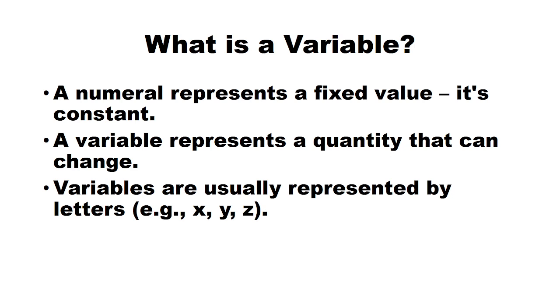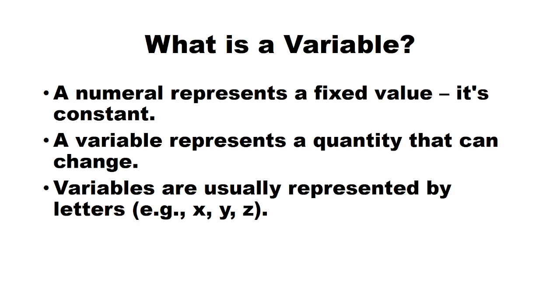Firstly, let us define what is a variable in the context of math or mathematics. Now, we know in arithmetic that numbers or numerals assume a specific value. And in algebra, we call these numbers constants because they have a fixed or a constant value associated to these numbers or these symbols.